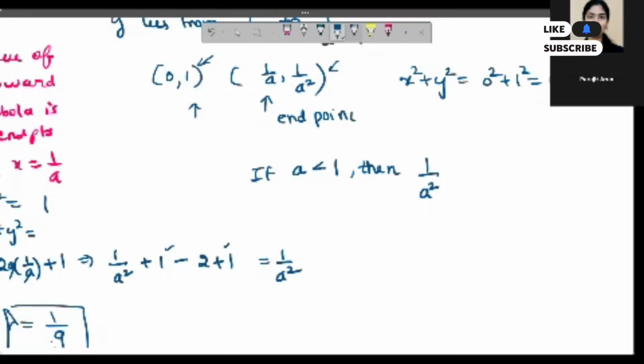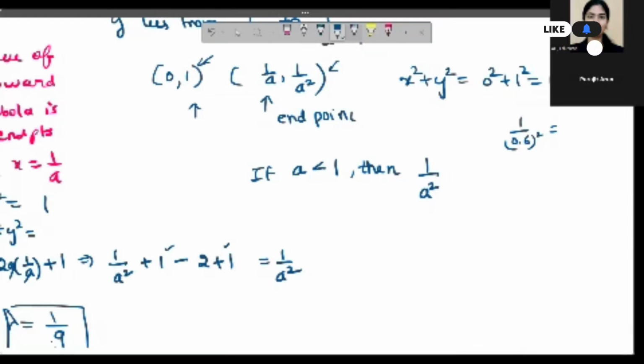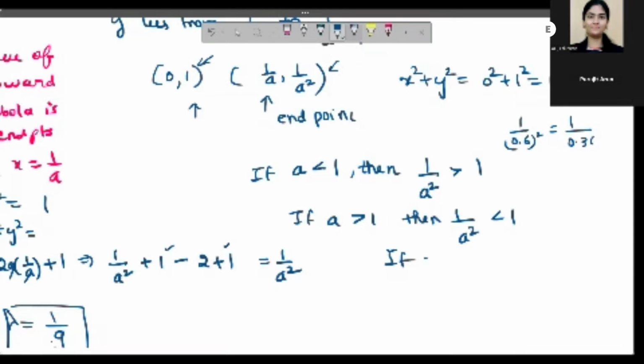So if you consider 0.6 whole square, it will give you way bigger values, right? So it is greater than 1. If I have a greater than 1, then I'll get 1 by a square less than 1. And if I have a exactly 1, then 1 by 1 square is 1, right?